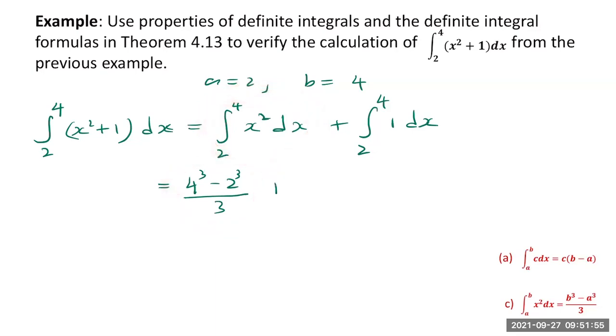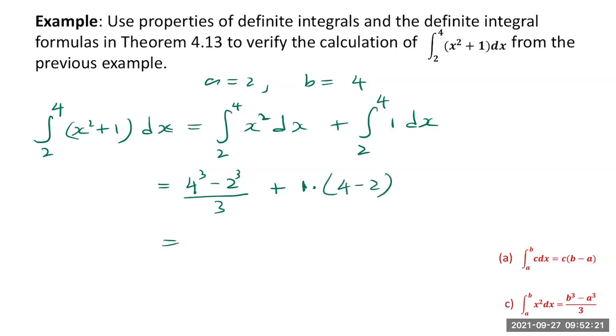And then how do I find the value of the second definite integral? Well, here this is a constant, right? If you have a constant c as your function, then the definite integral of c from a to b dx is c times b minus a. Notice that in this case, your c is just 1. So the answer should be 1 times b minus a. B minus a is 4 minus 2.